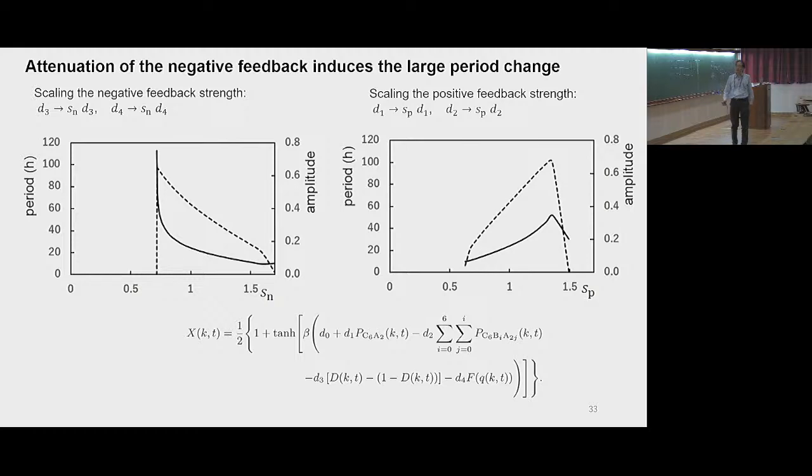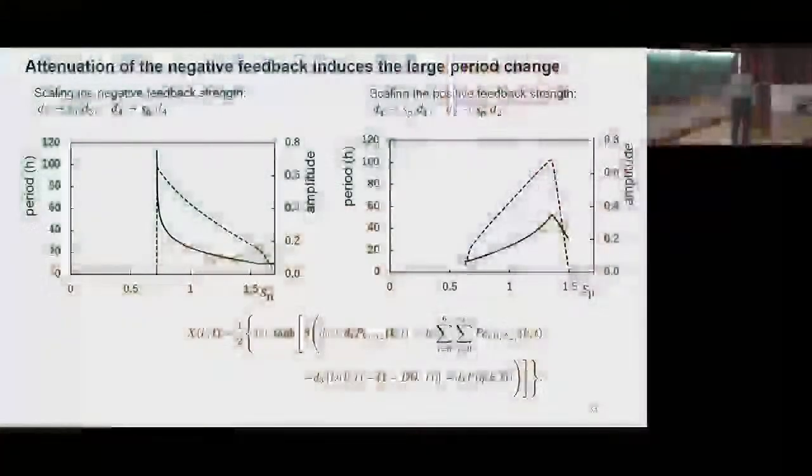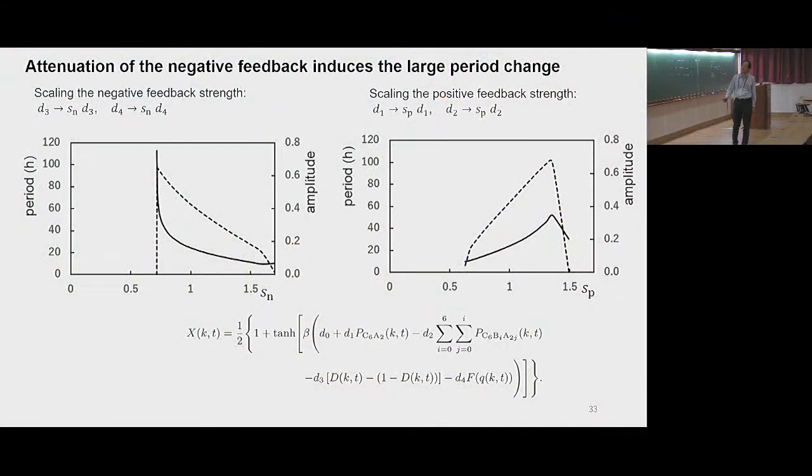Interestingly, the period changes by more than 10 times with changing Sn here. And oppositely, if we change Sp, by increasing Sp the period increases. And here the amplitude disappears at this Sp.